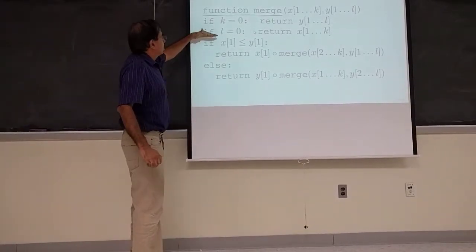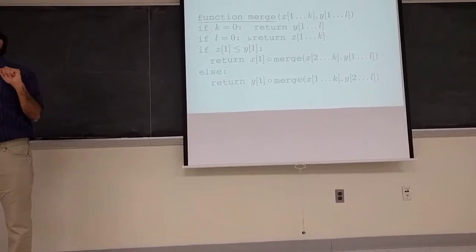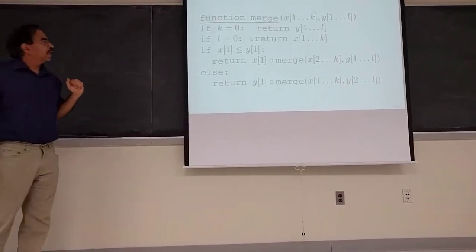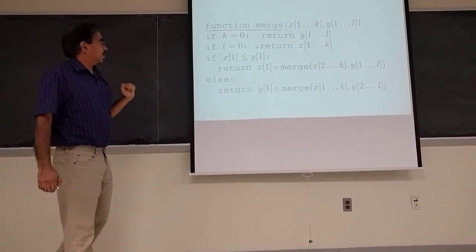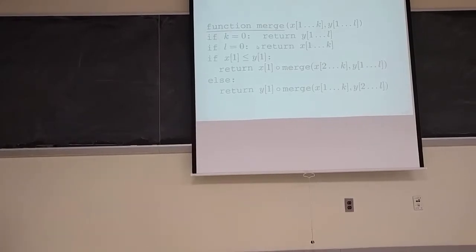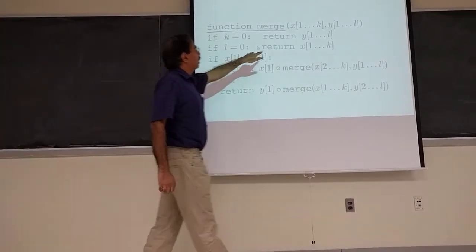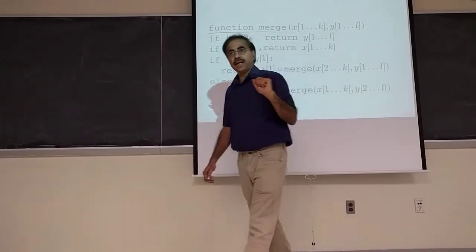Now, when you get here, that means both arrays are non-empty, and since they are sorted, in this case smallest to highest, x1 will be the smallest element in this array, and y1 will be the smallest element in the second array.